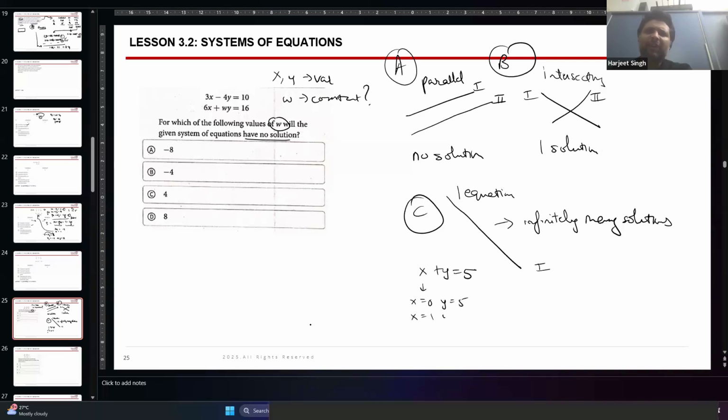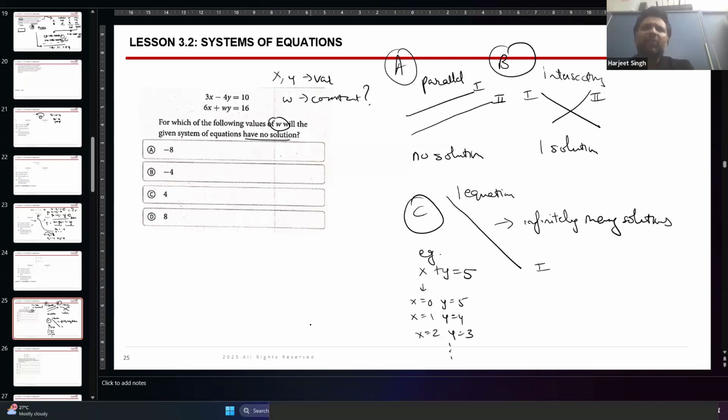If x equal to 1, y is 4. If x equal to 2, y is 3, and so on. So there are infinitely many combinations of x and y that satisfy that one equation.